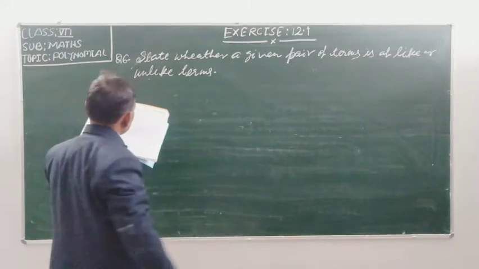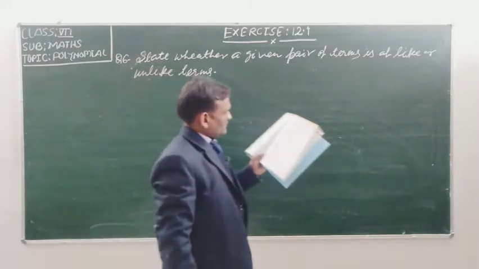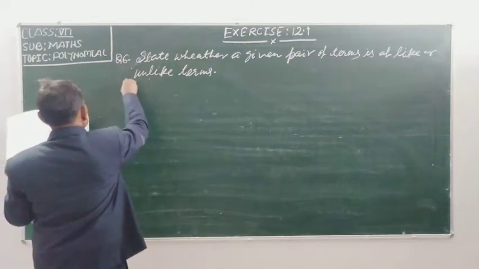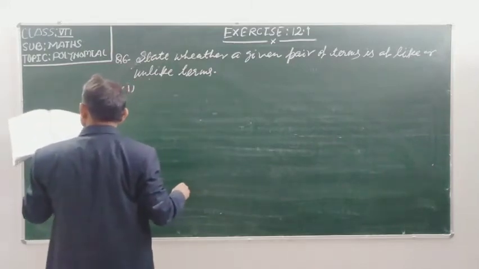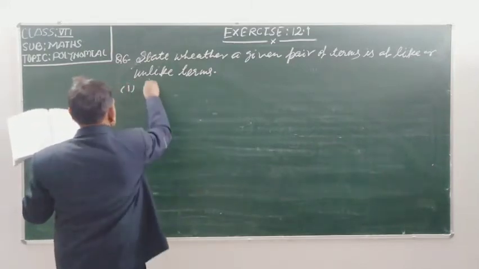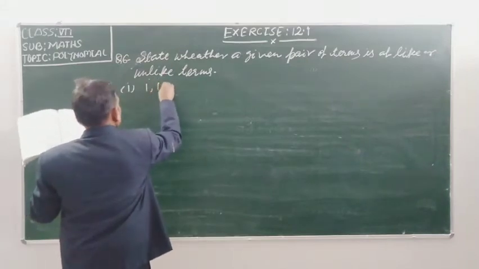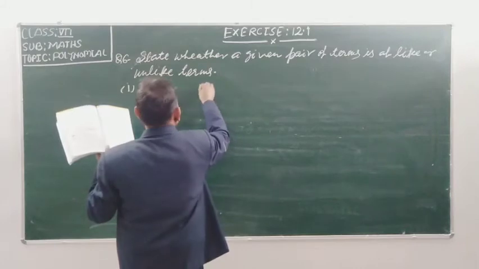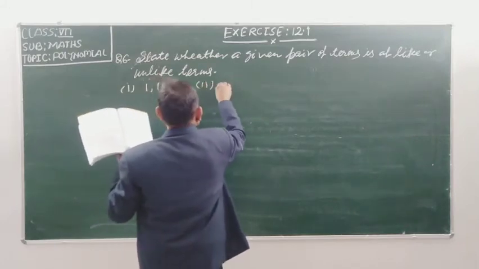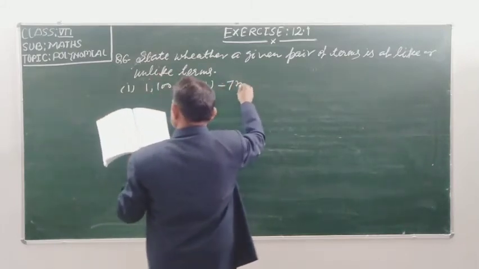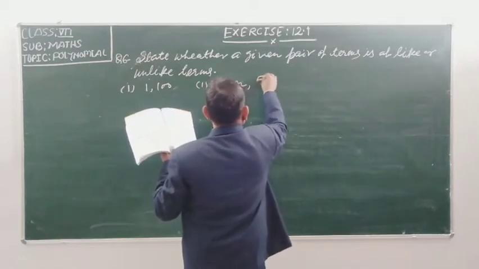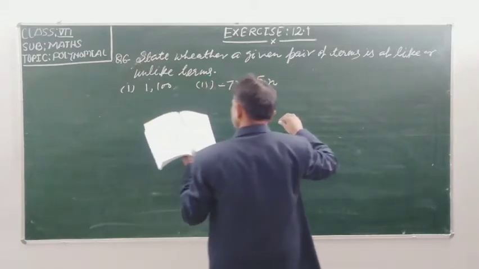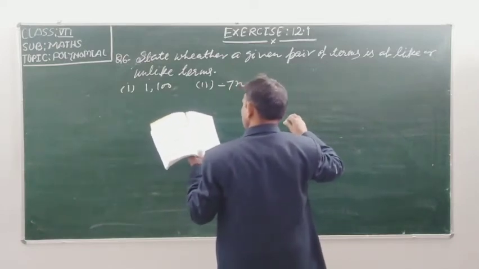So student, I am taking some important parts of this question also. First is 1 and 100. Second, minus 7x and 5 upon 2x.